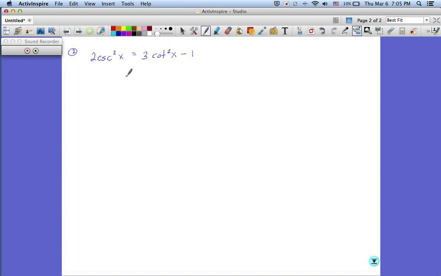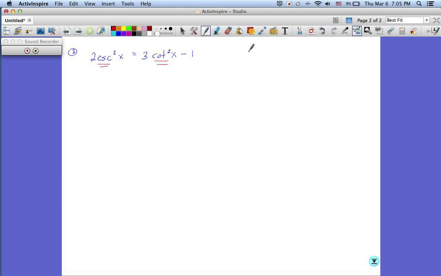So I look at this, I'm like, ugh, quadratic, let's get everything on one side, but a little more difficult in the sense that I have 2 different trig functions. The idea is to have one trig function. Right now, cosecant, I'm thinking of as a sine. Cotangent, I'm thinking of as a sine and a cosine. So I want to get rid of cotangent because that has 2 trig functions within it.